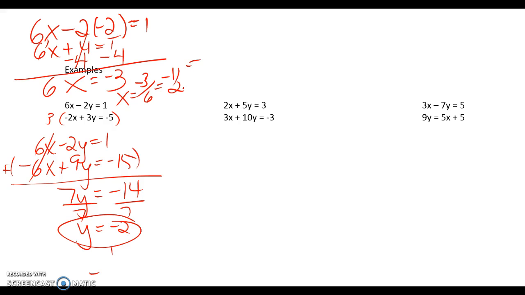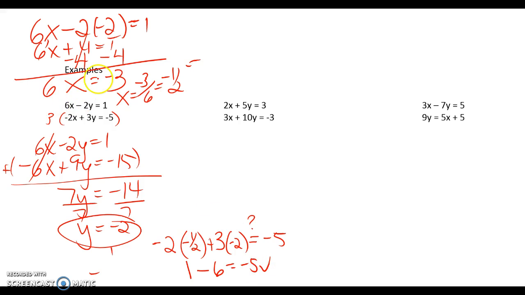Now let's check this answer. I'll use the second equation. Negative 2 times x, which we said is negative 1/2, plus 3 times y. Does that indeed equal negative 5? So negative 2 times negative 1/2 is 1, plus a negative 6 equals negative 5. That works.